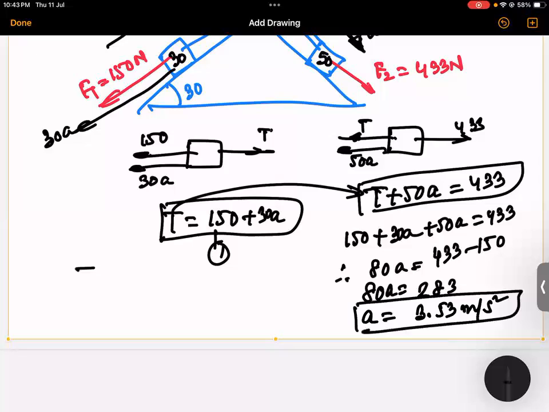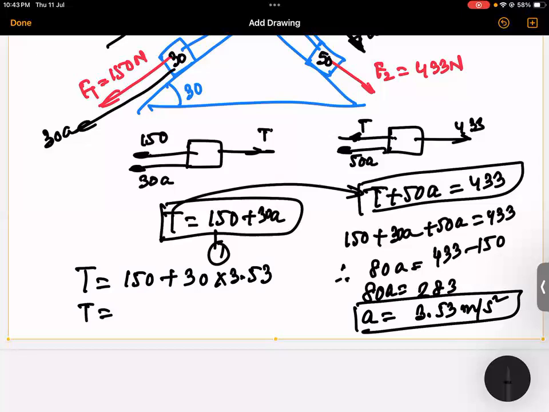Now what shall be the tension? Tension will be 150 plus 30 into 3.53. So what do we get? Tension T is equal to this into 30.